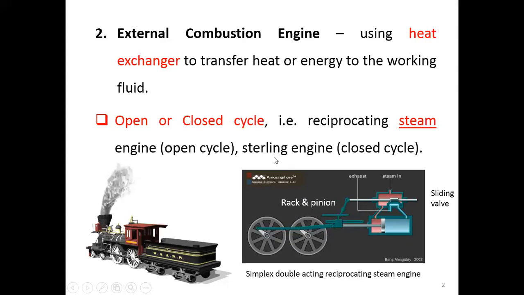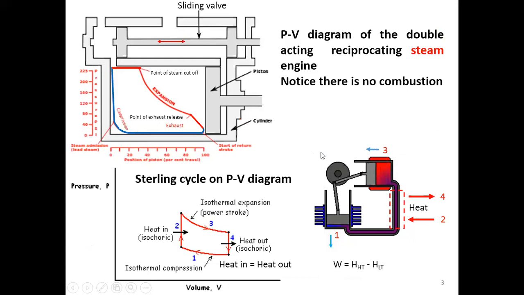Okay. Another cycle that can be an external combustion engine is the Stirling engine. The Stirling engine looks like this, in which you can see that we don't have any working fluid coming out from our cycle.